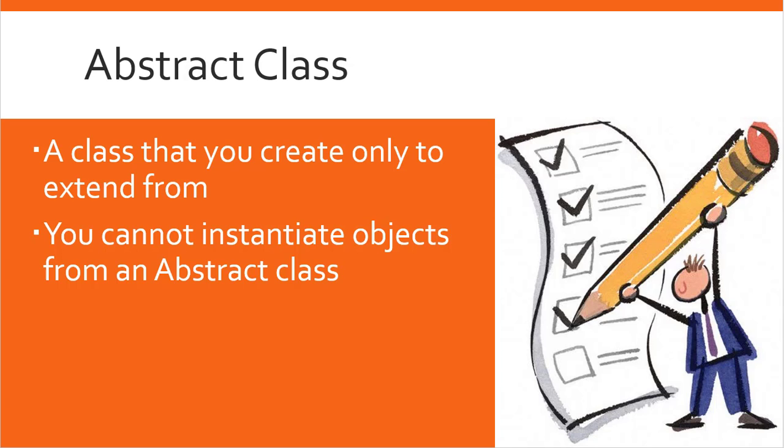For example, in a given organization, you have employees of different types. You have some as staff, some as faculty, some as technicians, and all of these employees have certain properties in common. So those properties that are common across the board, you can put in a class called employee. And in that class employee, you are only going to have those properties and methods and behaviors which are common.